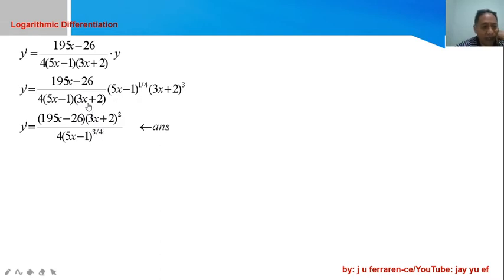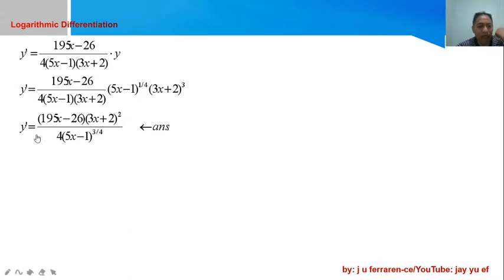Now, the 3x plus 2 also appears twice with powers of 3 and 1. So 3 will be reduced by 1, and we have (3x plus 2) squared belonging to the numerator side. And the y prime is arrived at, which is this one.